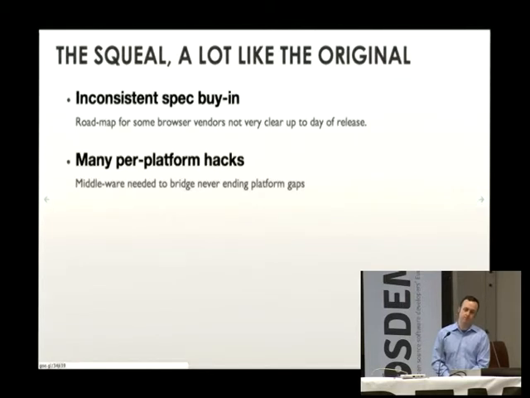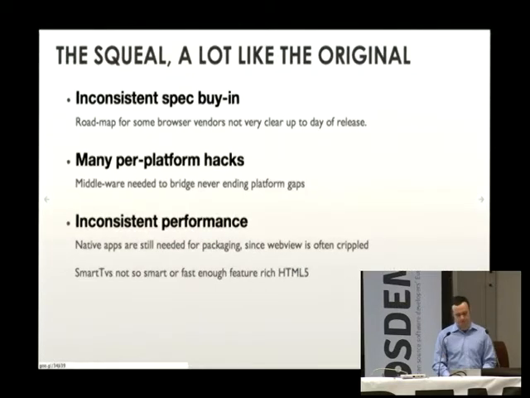You have a very clear roadmap with public forums, public wikis that document where the platform is going to be in a certain period of time, and then you can see that and make the design decisions, or architectural decisions, going forward. With some of the other platforms, not so much. It's very up in the air what Apple will do from one day to the next, and it literally just happens the day that they ship their beta for the new operating system. That becomes the day that it's defined.